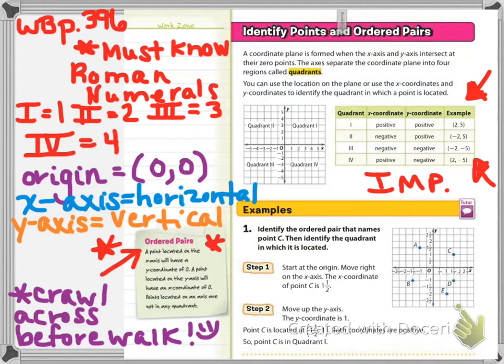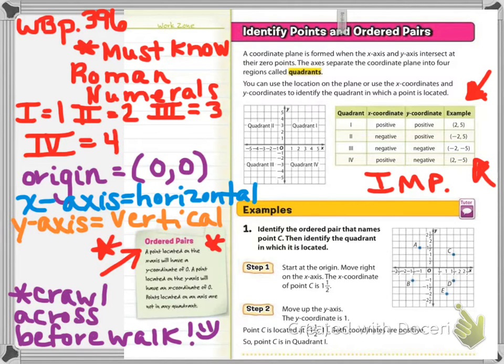Okay, go ahead and look at example 1. The directions say identify the ordered pair that names point C. So you need to find point C, which happens to be in quadrant 1, which is another part of your directions, to identify the quadrant point C is located in.